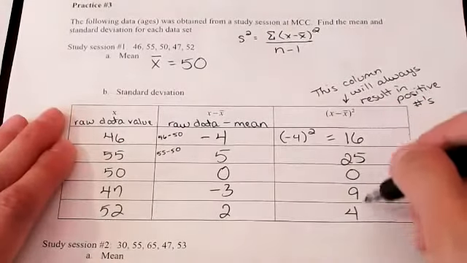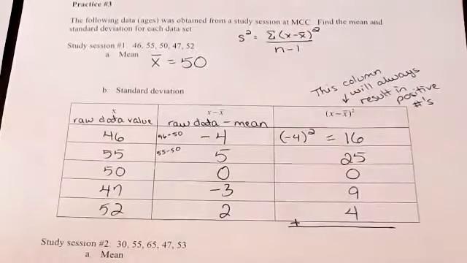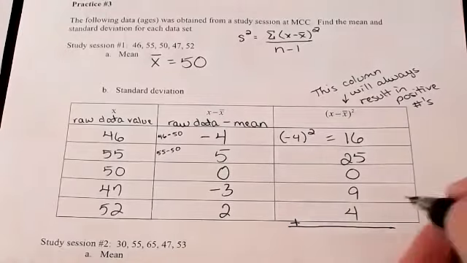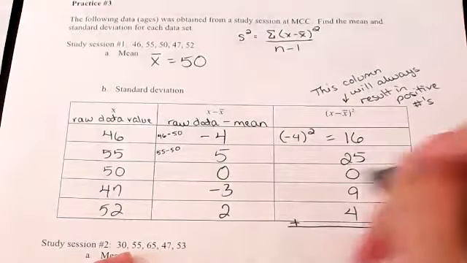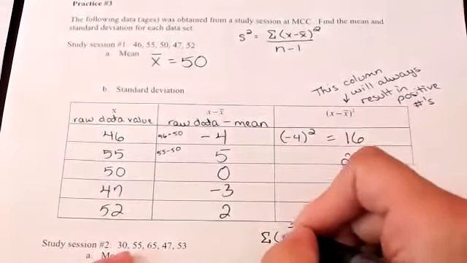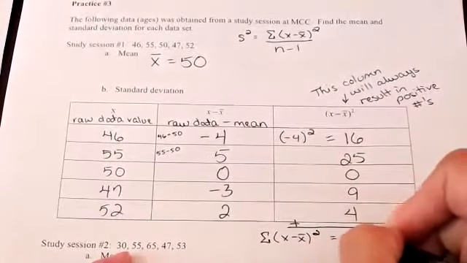So let's sum this column. I'm going to draw a line here. I'm going to show that we're going to add those up. Go ahead and punch that into your calculator if you'd like. What's your total? Yeah, 54. Beautiful. So that total is 54.